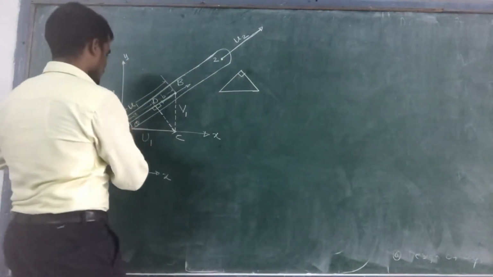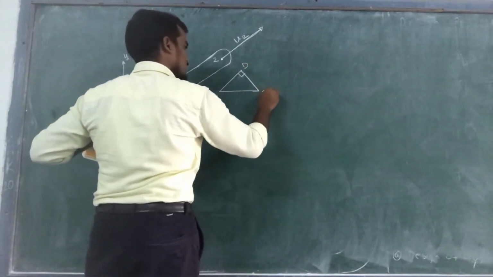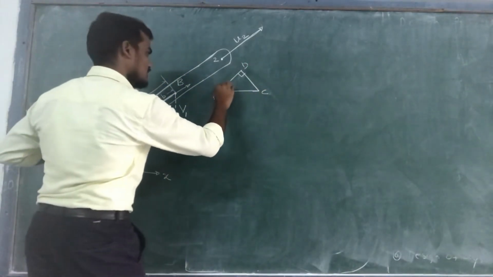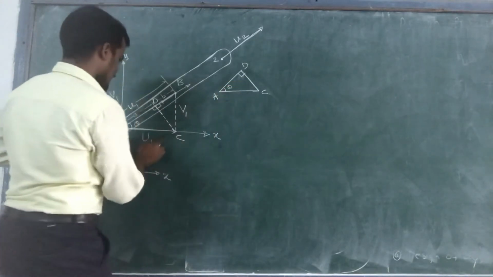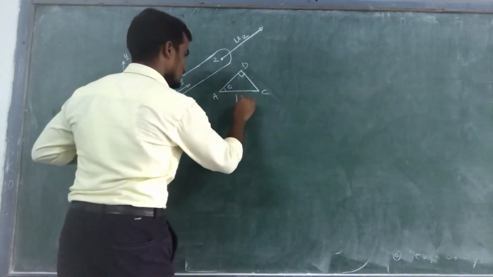From this triangle ADC, this is angle theta, and AC is nothing but your U1.